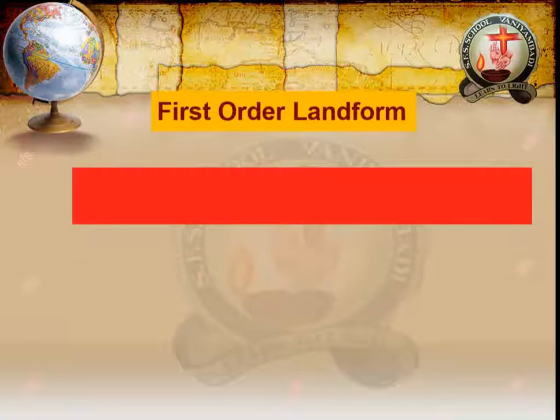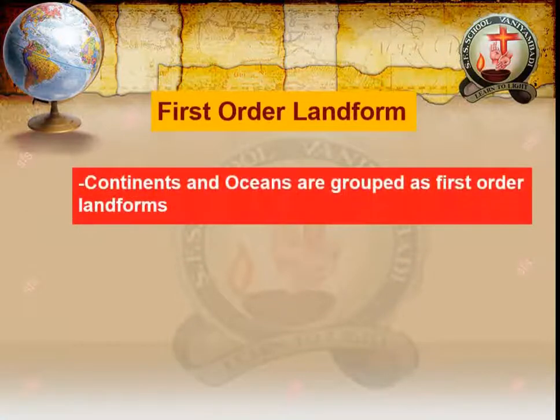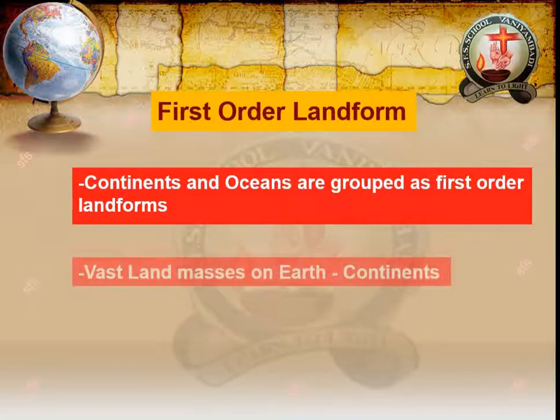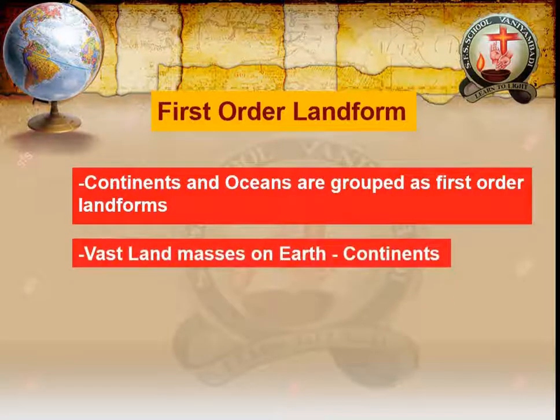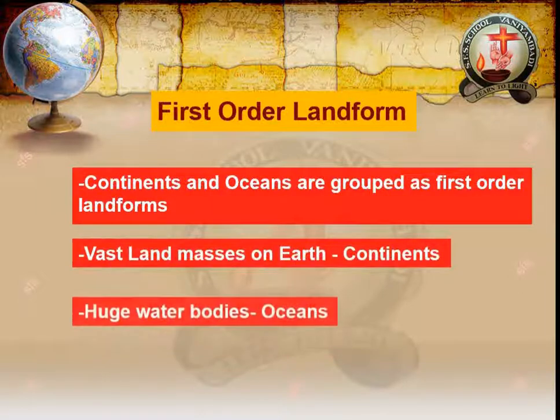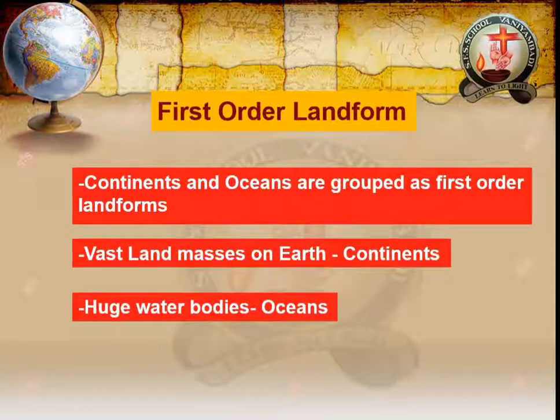First order landform. So students, as I said, continents and oceans are grouped together as first order landforms. What is meant by continent? I have explained with the image of the Earth. The vast landmass on Earth is known as continent, whereas the huge water body on Earth is known as ocean.